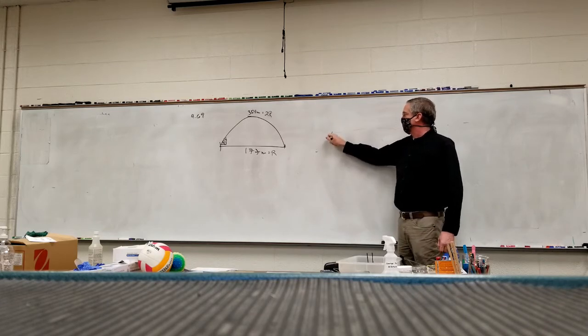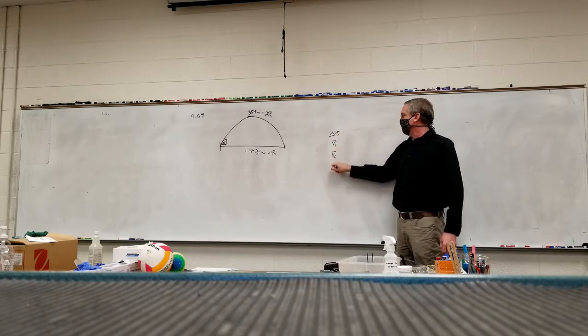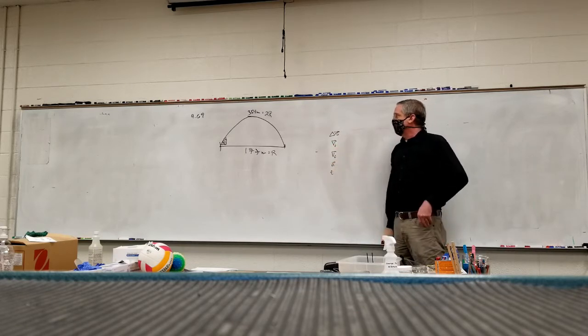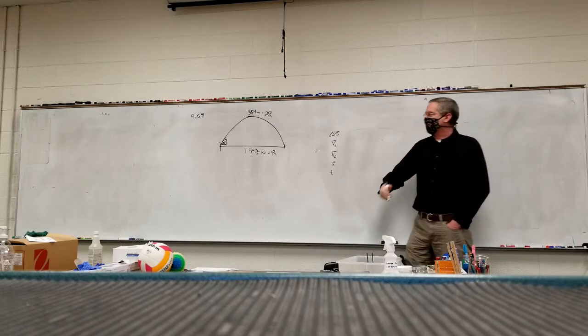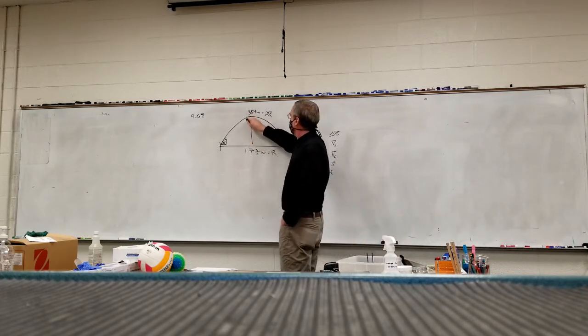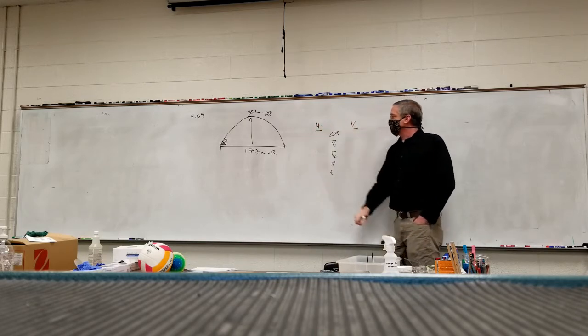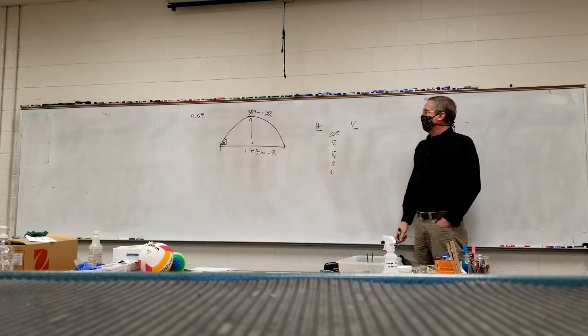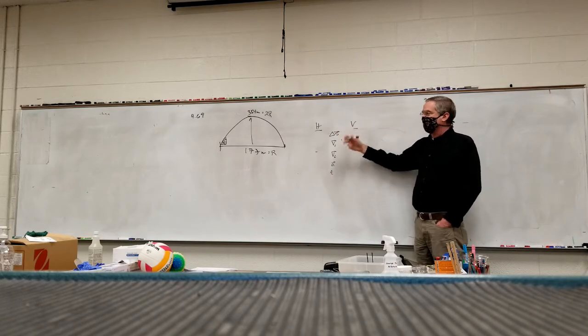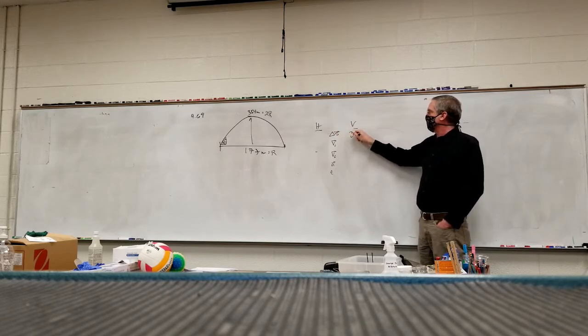So let's figure out what we know. We have the big phi, displacement, initial velocity, final velocity, acceleration, and time. So let's just treat through the top here. We have horizontal and vertical parts to it. So vertically, well, that's what they give us, that's 354 meters.